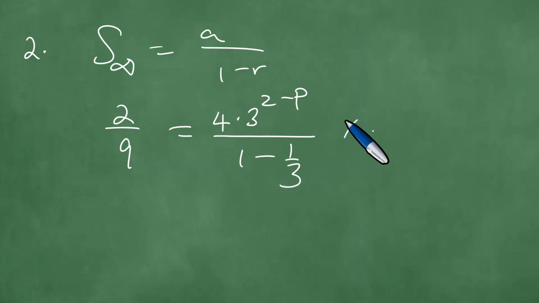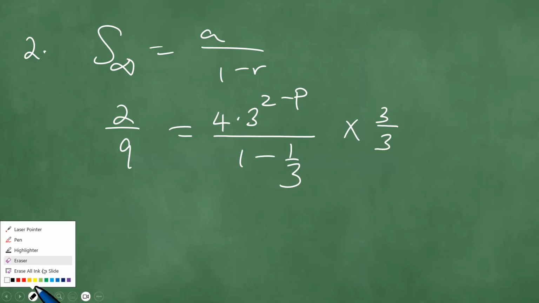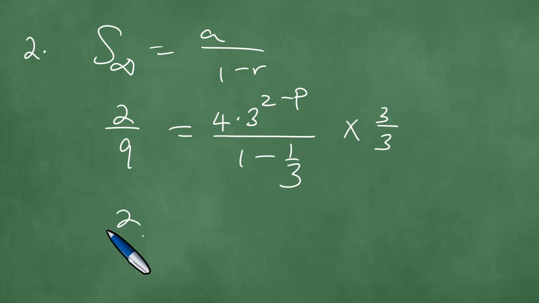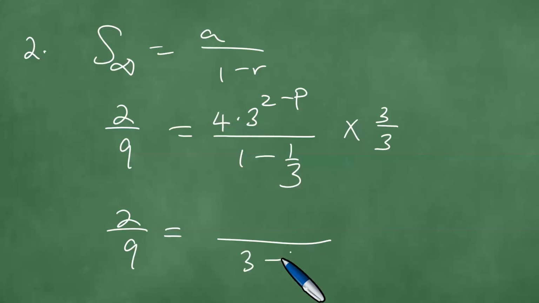We can choose to multiply by 3 over 3 to eliminate the fraction. So this therefore becomes 3 minus 1.